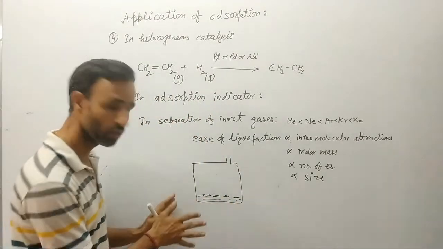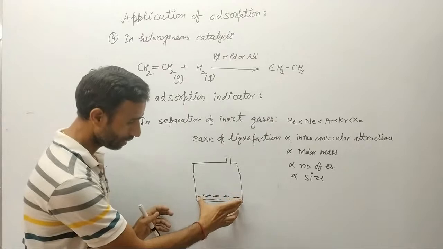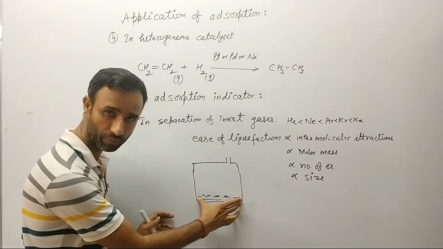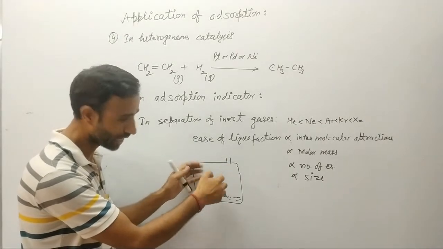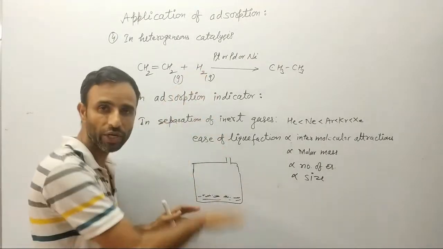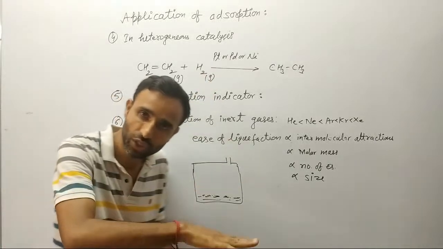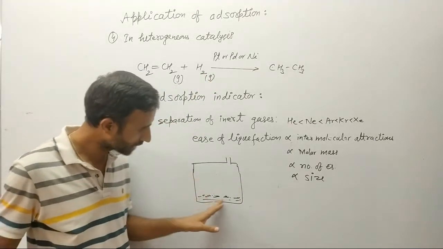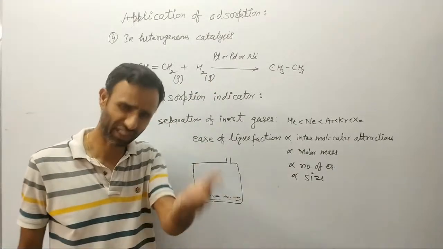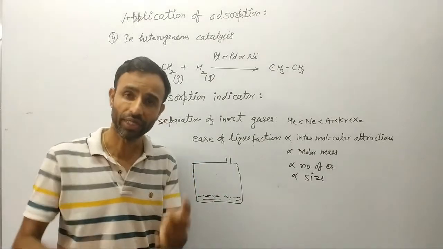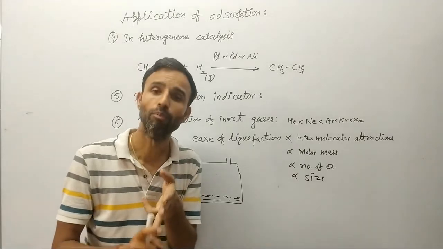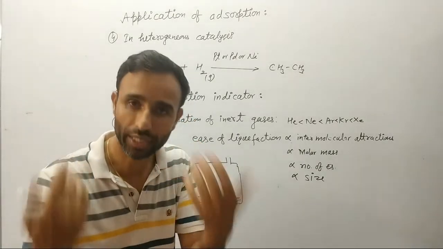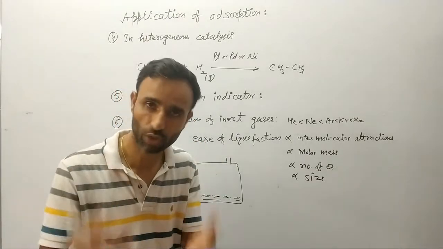What we do? We add adsorbent here and the mixture of inert gases is inside, and we apply pressure. As we apply pressure, all the gases get adsorbed. We can decrease the temperature as well. Decrease in temperature and increase in pressure both increase the amount of adsorption.